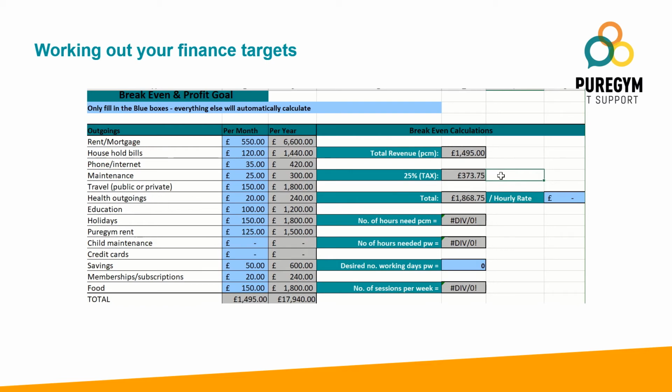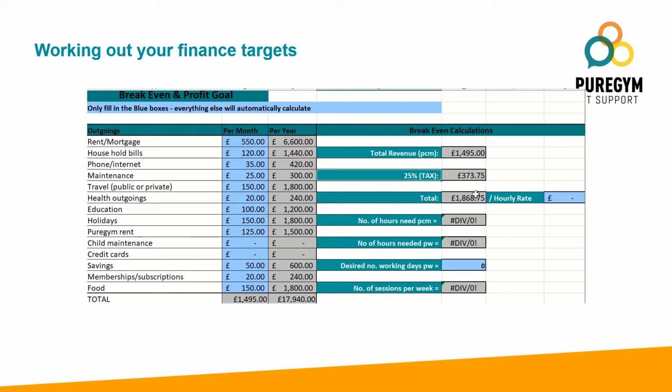So what we've done is taken your break-even number, and then the formula automatically adds in 25% tax. Generally, if you're between, I think, roughly 12 to let's say 43, 45 grand a year, you'll be paying about 20% income tax. Obviously, when you do your tax return and you get your VAT back for your company, that'll probably be a little bit less than 20%, but let's just factor 20% in as a ballpark figure, and 5% will take care of your national insurance contributions.